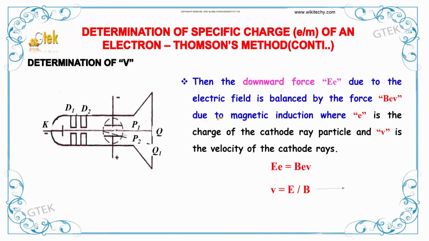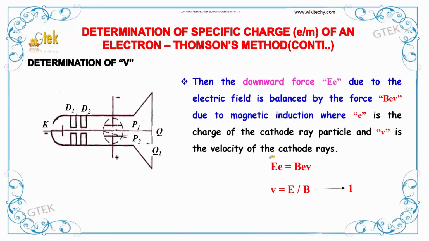Then the downward force eE due to the electric field is balanced by the force Bev due to magnetic induction, where e is the charge of the cathode ray particle and v is the velocity of the cathode rays.